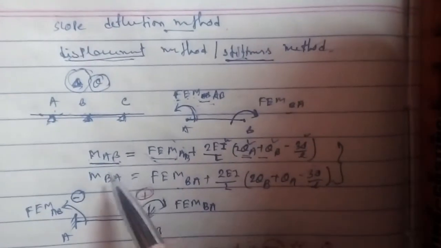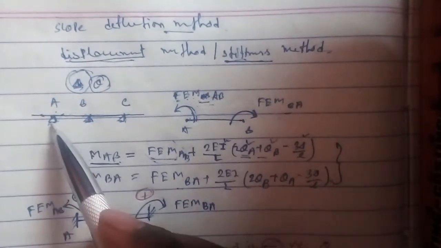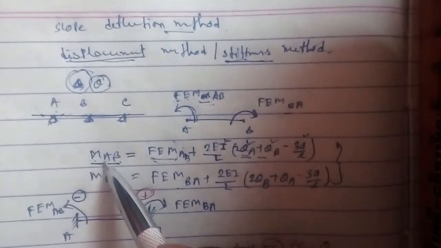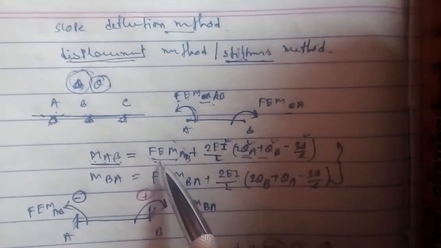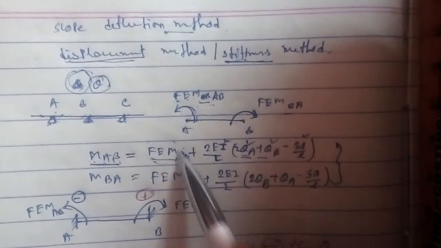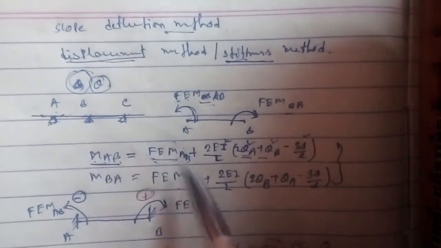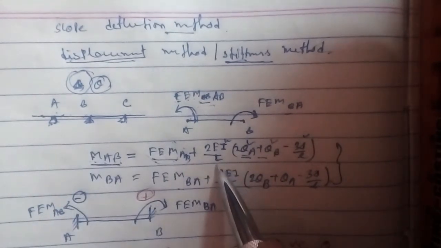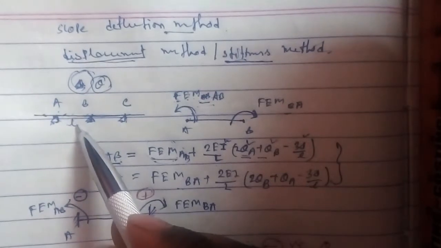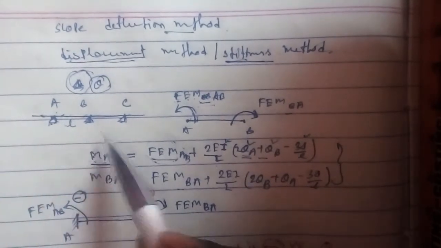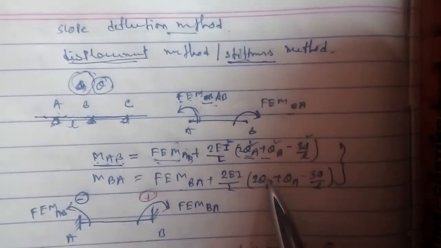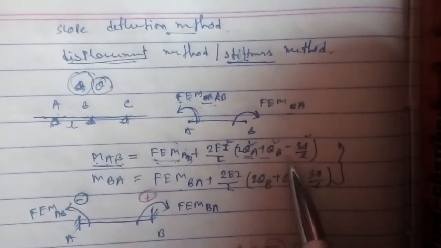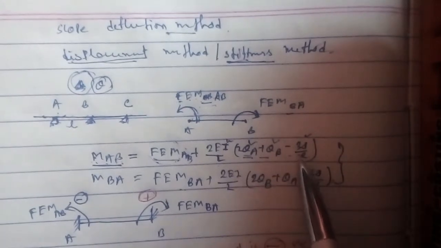Now I will discuss the equation. For point A, the moment MAB from A to B equals FEM AB, the fixed end moment from A to B, plus 2EI by L, where L is the span length, times (2 theta A plus theta B minus 3 delta by L).